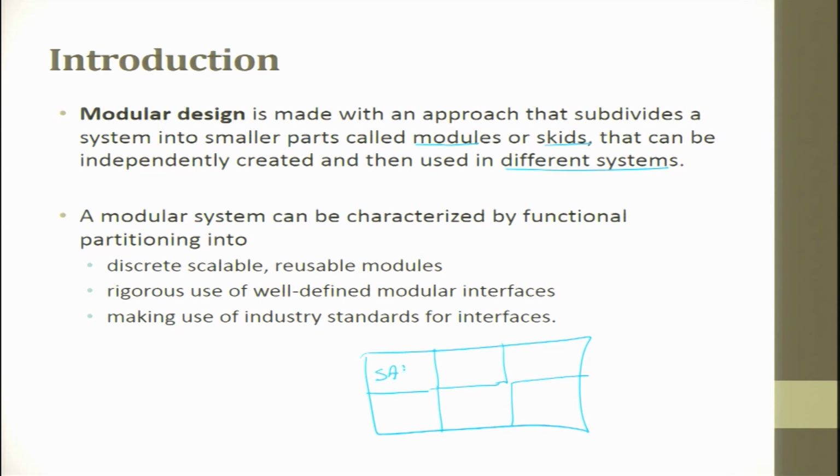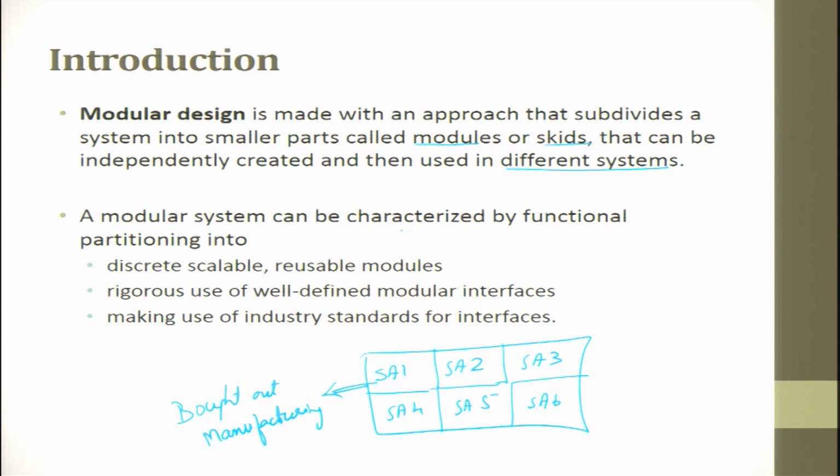So, this is sub assembly 1, sub assembly 2, sub assembly 3. These are smaller modules that can be independently created. You can make it a bought out item, or you can manufacture it inside your factory. This is independently done and attached to the system, which helps in working to the expectation, and then used in different systems.